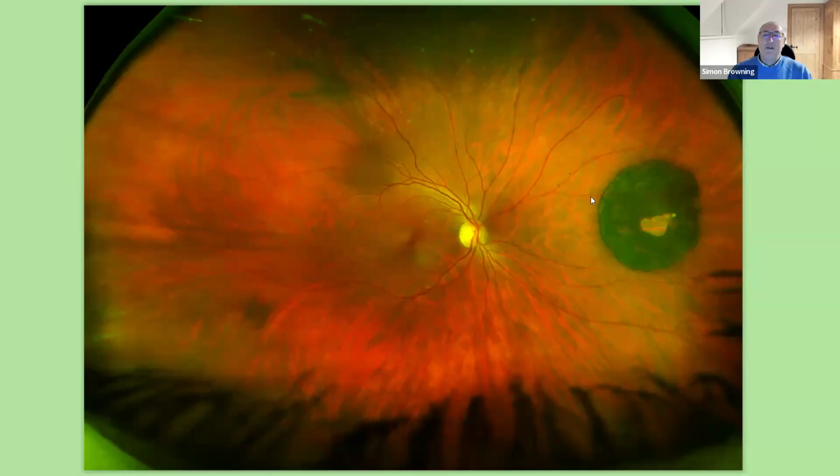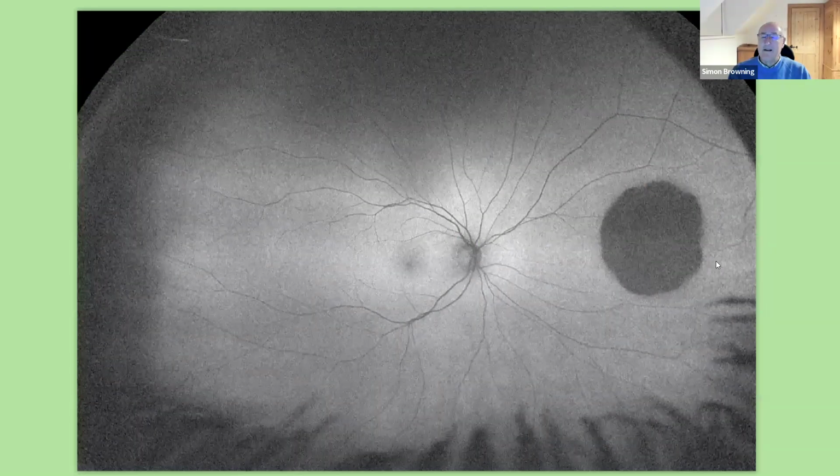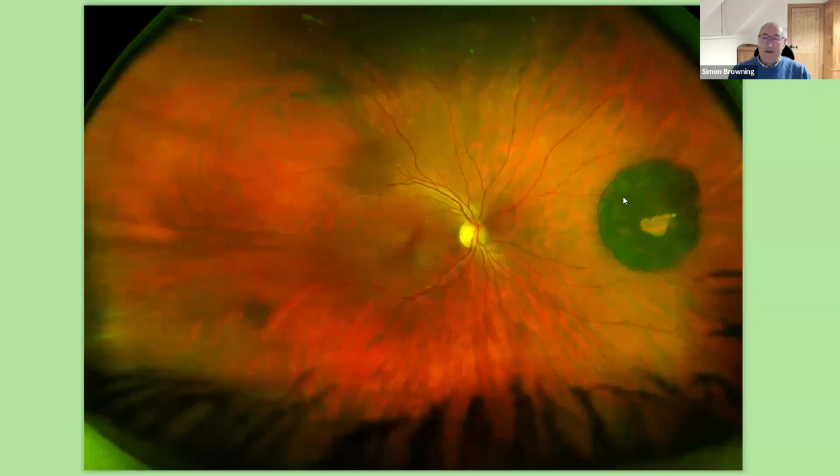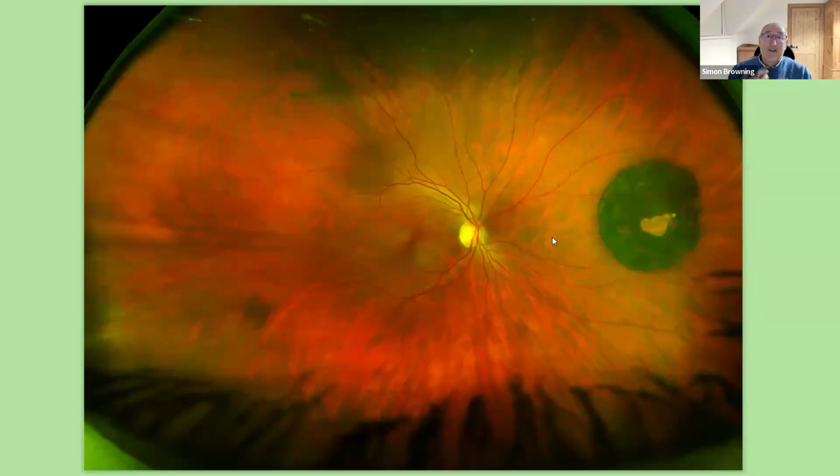But when you go and look at the autofluorescent image, that's what you see. Completely dark, because the whole area is atrophic. Even the lacuna, even that bit in the center, the whole thing is dark. So even if there was no pigment there, that would look completely dark. The simple reason is here you are looking at the structure of the retina. So the dark is the presence of melanin.